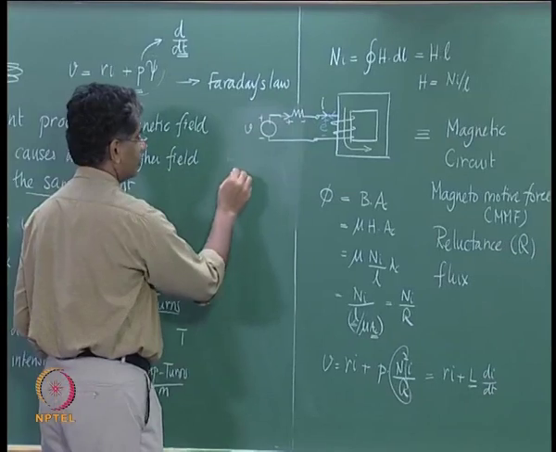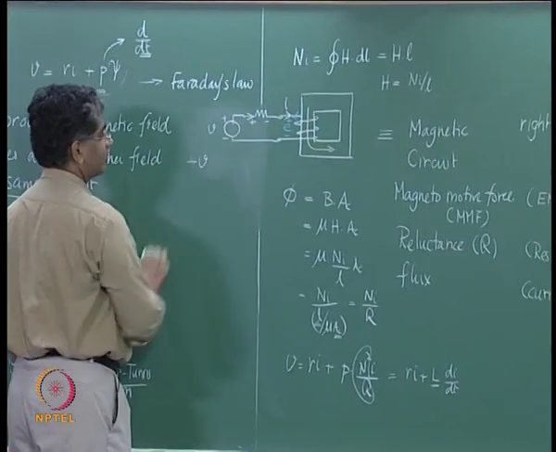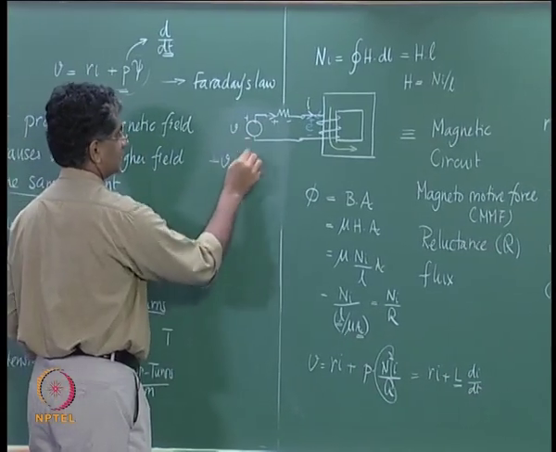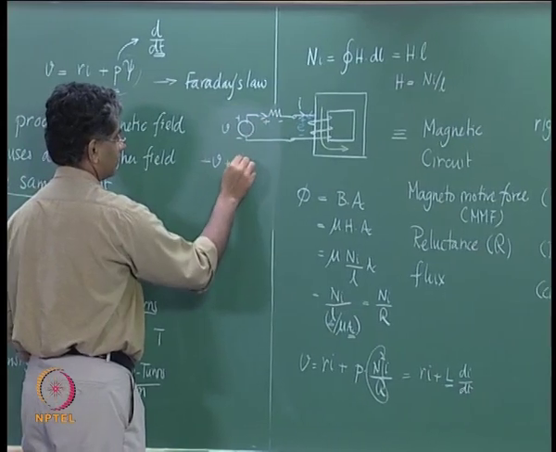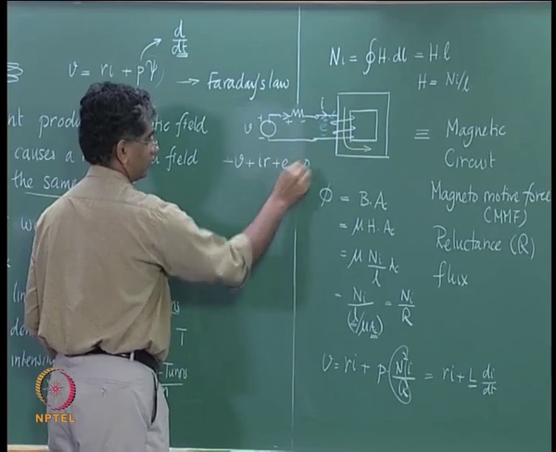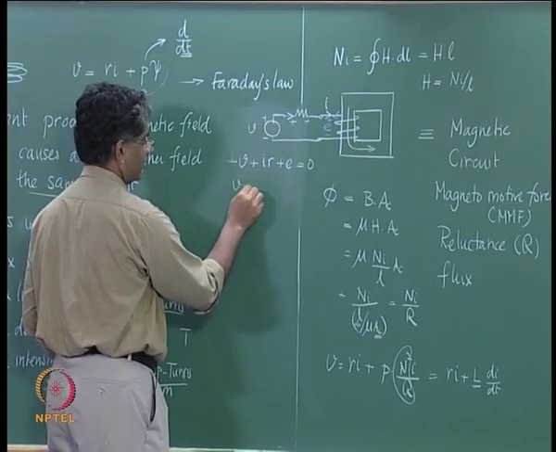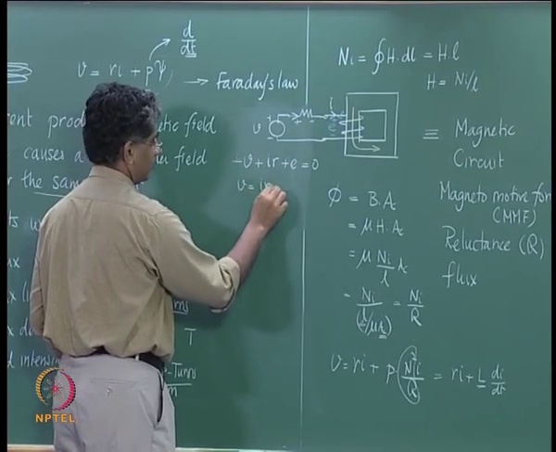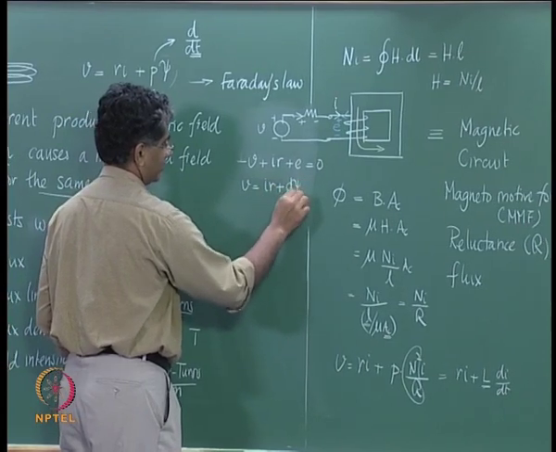So if you now write the loop equation, you have minus V plus I into R plus E equal to 0, or in other words V equals IR plus d psi by dt.